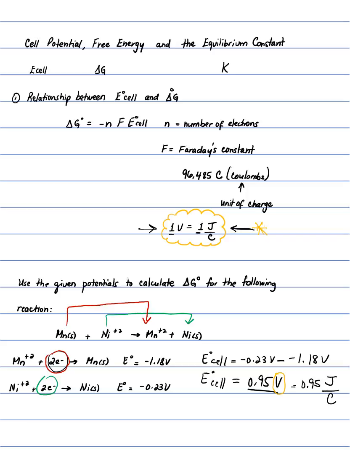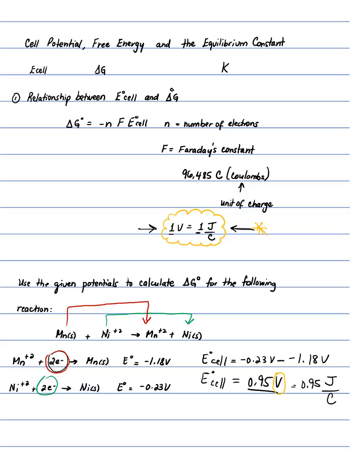It's not a total of 4 electrons. The electrons that are being transferred is 2. You're getting 2 electrons from the oxidation of manganese, and you're using up 2 electrons in the reduction of nickel. So the value of n for this example here is 2 electrons.